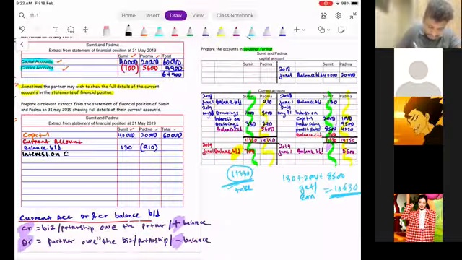Interest on capital. After interest on capital, I remember I have a partner salary. After partner salary, I remember I have a profit share.